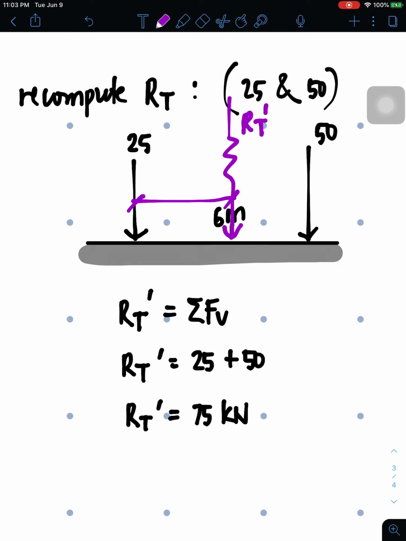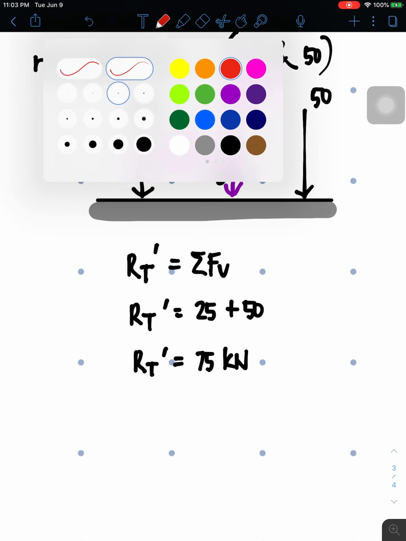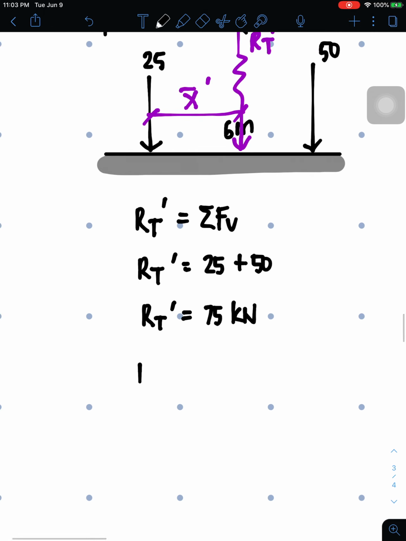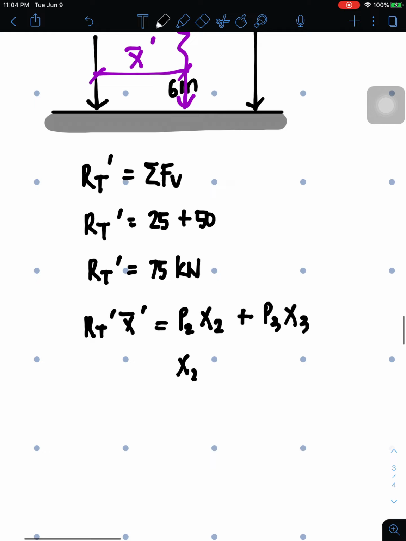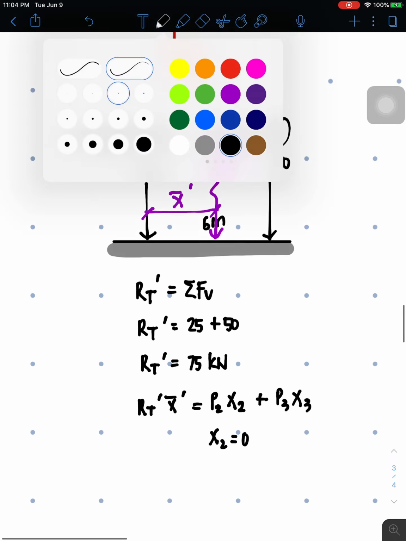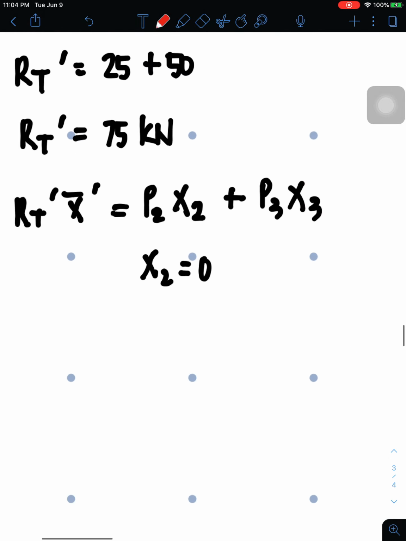So I'll place here as barred x prime. Okay, so same sa atong gibuhat sa example number 1. So it's going to be the resultant, new resultant, and new barred x is equal to P2 x2 plus P3 x3, wherein x2 now is 0. Kay si x2 na naman siya sa atong reference line.